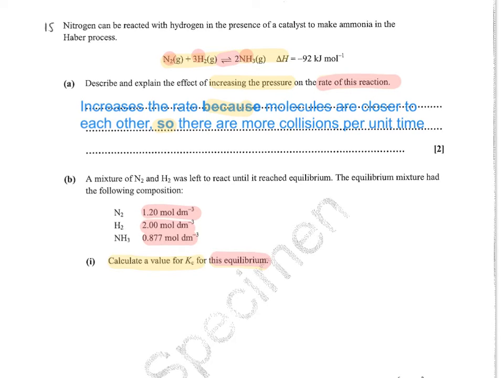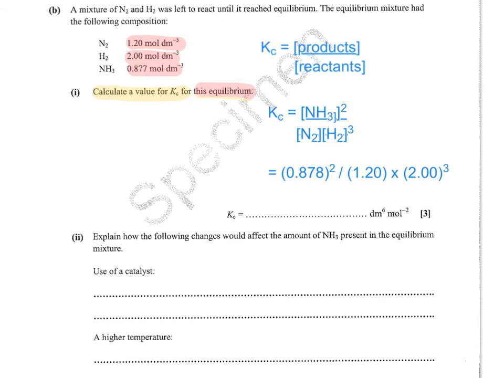As you probably are aware, you write a Kc expression by doing the products over the reactants. At this point we might need to move the screen up a little bit to make some room to put our calculation in. So you write the Kc expression and then you put in the numbers, and that should give you 0.0801.